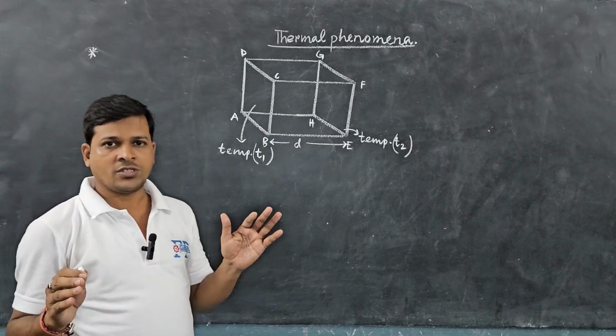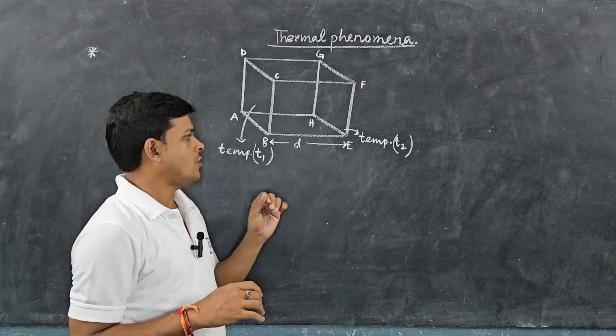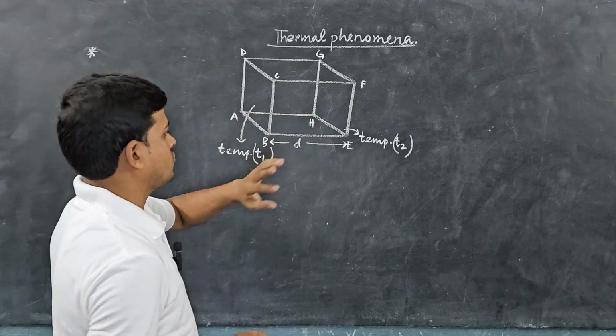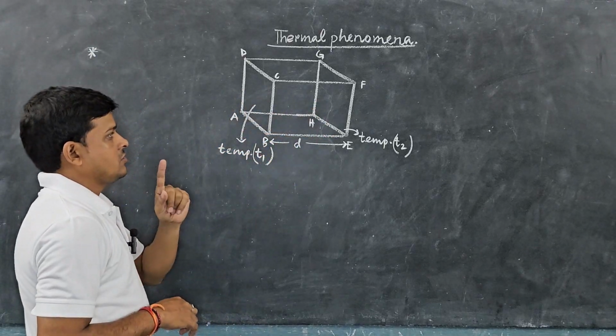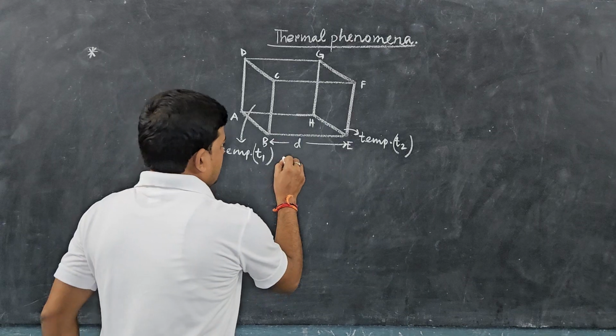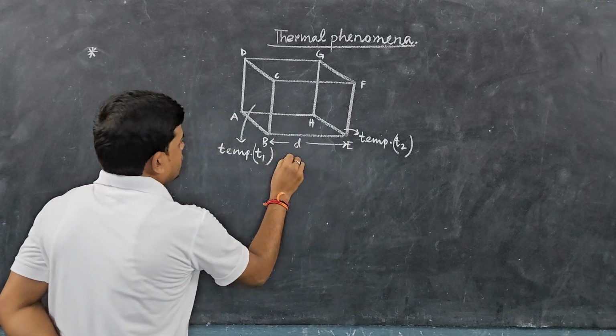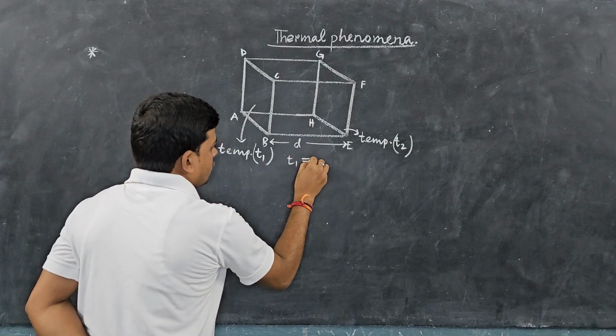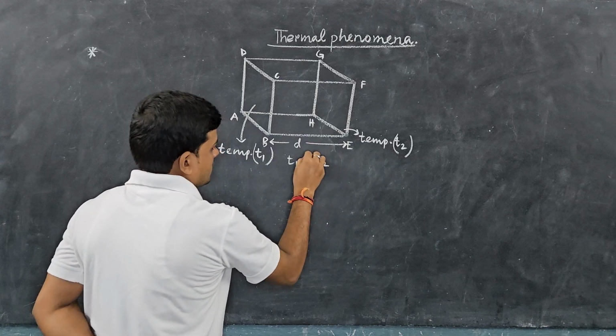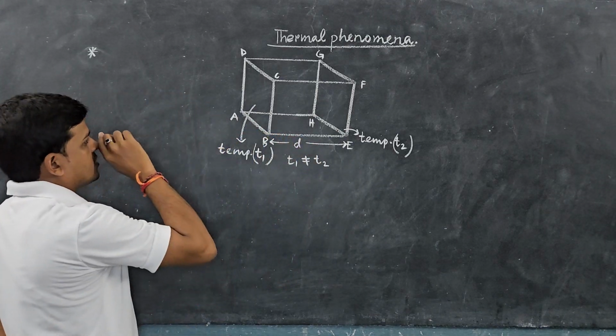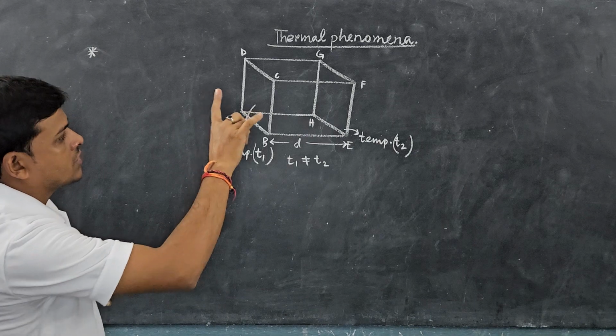We can assume this is the width or thickness, the distance between the two opposite faces of the solid, that is d. If there is a temperature difference, that is T1 not equal to T2, then there is a possibility of transfer or flow of heat from one surface to another.